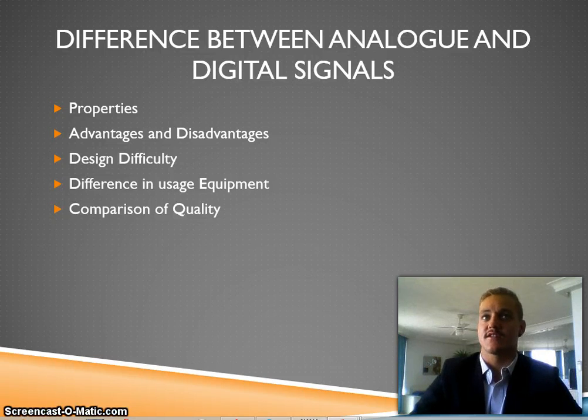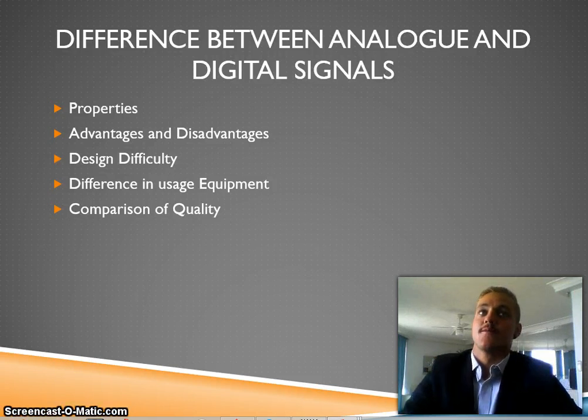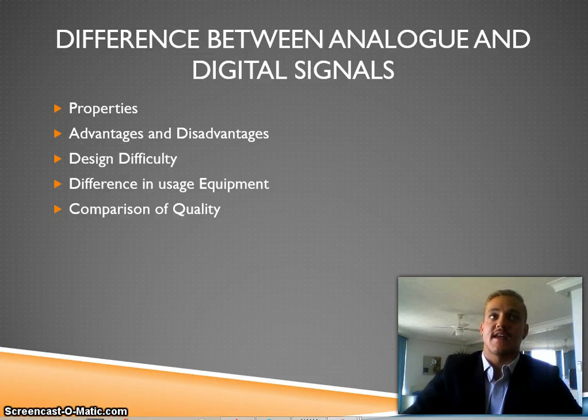The difference between analog and digital is that in analog technology, information is transformed into electric pulses of varying amplitude, which can be represented as a sine wave, whereas in digital technology, the translation of information is into binary, which is 0 or 1, represented in two distinct amplitudes, which is represented as a square wave. Throughout the next few slides, I'll explain their disadvantages and advantages, their design difficulty, the difference in usage equipment, and the comparison of quality.